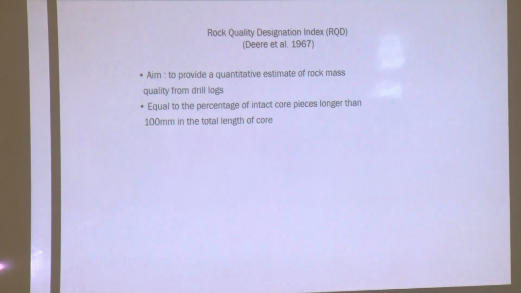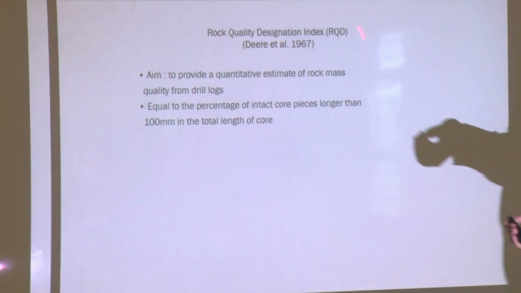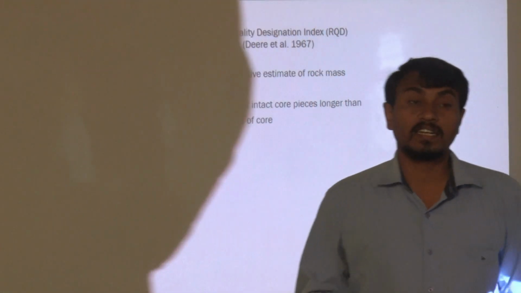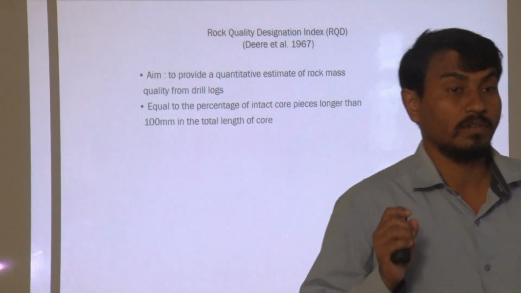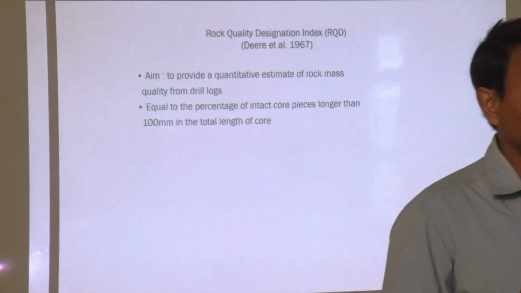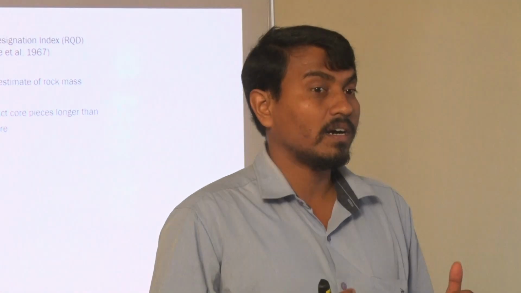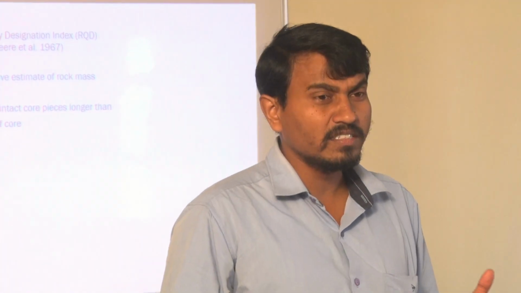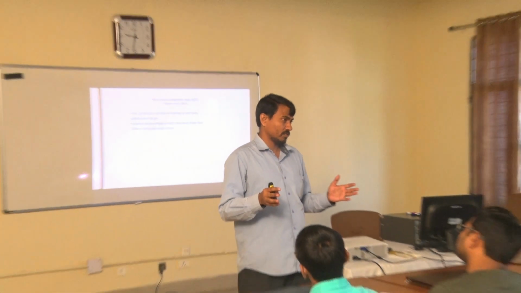In this process, Deere et al. developed a concept of rock quality designation. This is basically a very helpful approach. This RQD characterizes the rock. In one word, if you ask me the advantage, a lot.